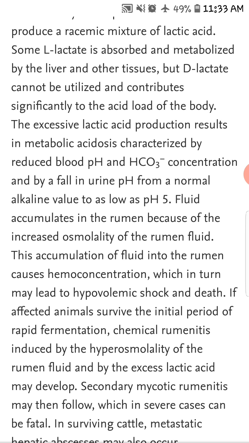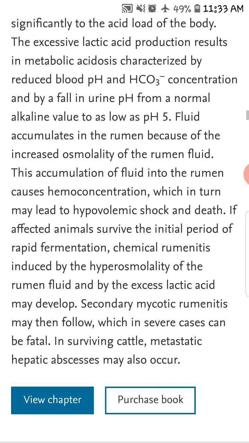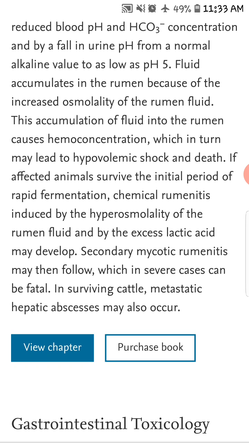Because of increased osmolality of rumen fluid. The accumulation of fluid in the rumen causes hemoconcentration, which in turn may lead to hypovolemic shock or death.